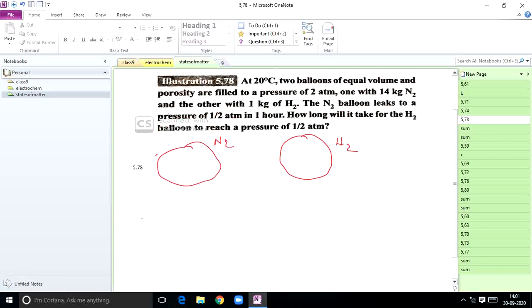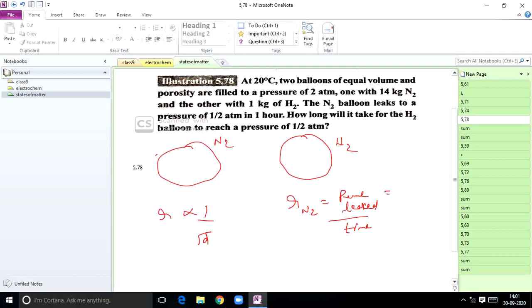Same time also here same. So rate of diffusion is inversely proportional to square root of its density. So here, how to do this? First, rate of diffusion of nitrogen gas is equal to pressure leaked divided by time.